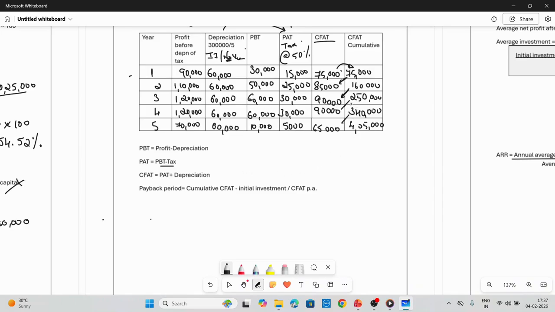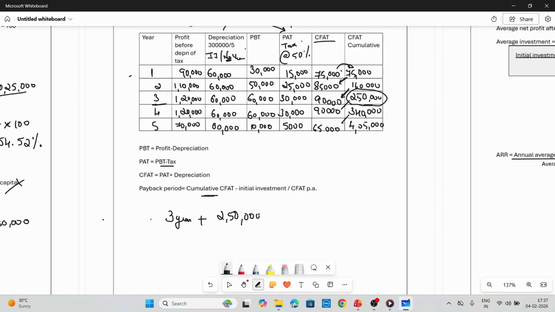What's the nearest number to 3 lakh? 3 lakh is nothing but initial investment. To recover 3 lakh, you have to take the nearest amount. It's in third year, year 3. So 3 years plus what's the cumulative CFAT of that year, it's 2,50,000.